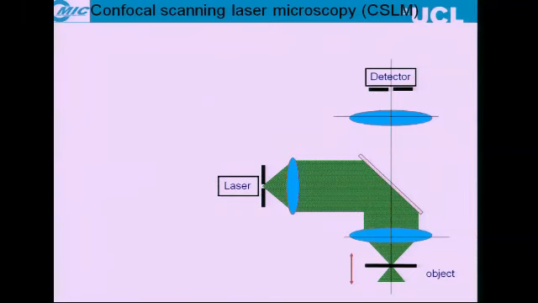Well, people have tried to beat the diffraction limit with just optics. One of the most successful is the confocal scanning laser microscope, which takes a different idea. What we have now is an active element, which is the laser.